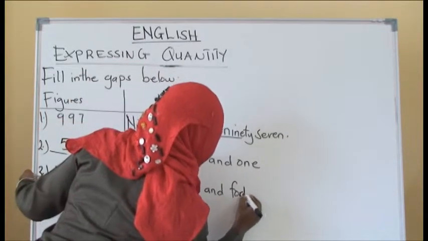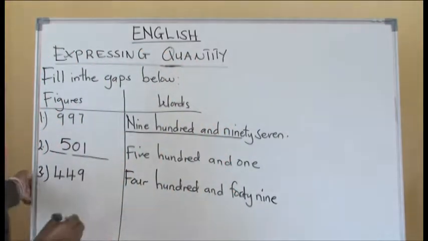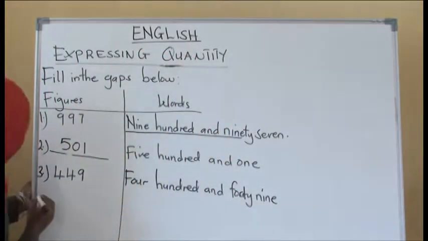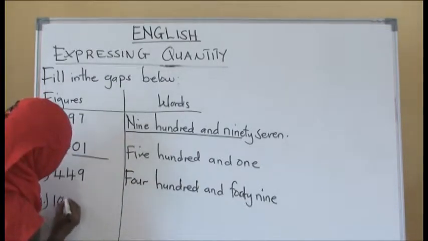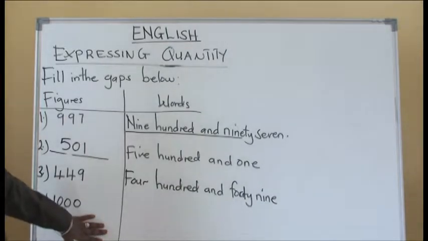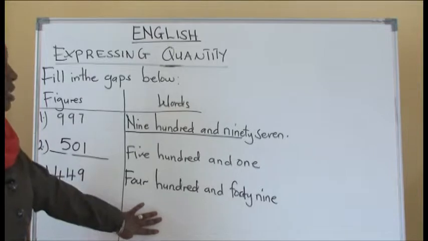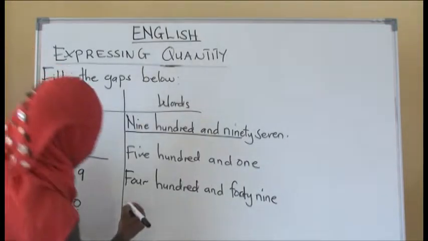Just like that. And in question number 4 here, we had 1000. So 1000 here, you were told to write it in word. So writing 1000, as I've told you last time, you just write it like this.